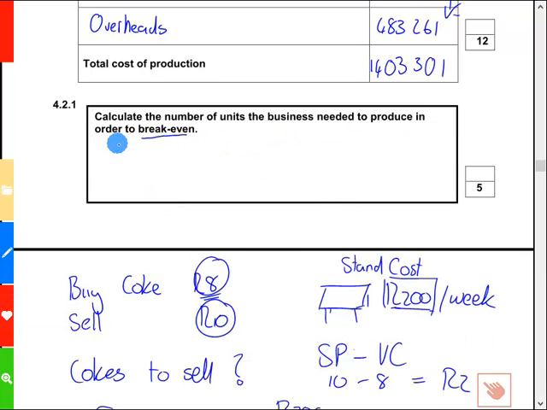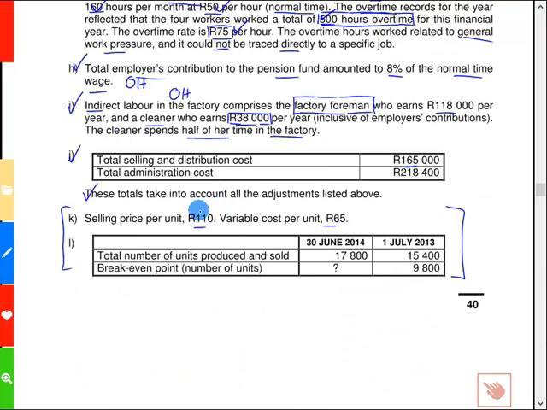So in order to calculate the break-even point, simply use our formula: fixed costs over contribution per unit. What is my contribution per unit here? Go back to the information. They say the selling price is 110 Rand per unit. The variable cost per unit is 65 Rand.